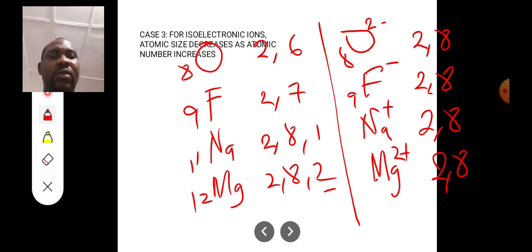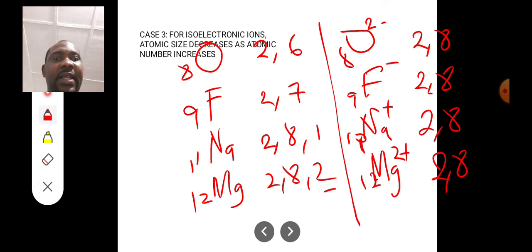So have you noticed that the oxygen ion, fluoride ion, sodium ion, and magnesium ion all have the same number of electrons, which is 2, 8, or we can simply say they all have 10 electrons. Now, according to the statement I made earlier, as the atomic number increases, the atomic size reduces.